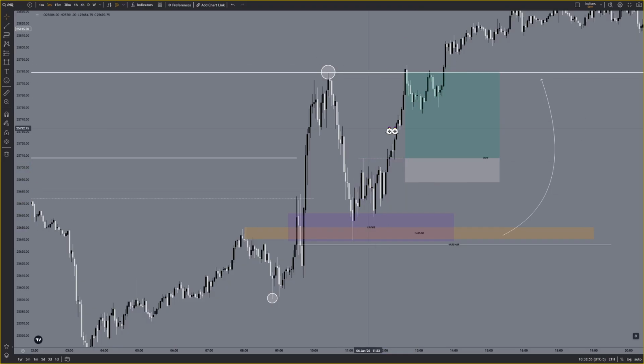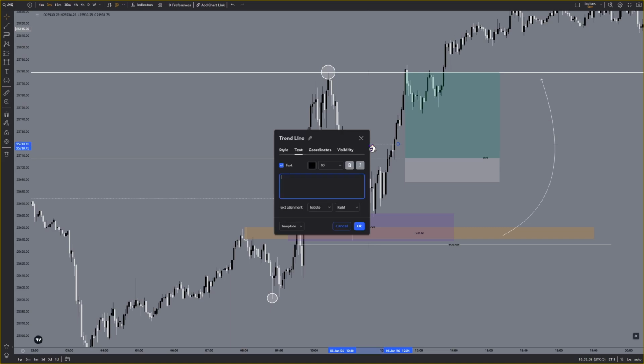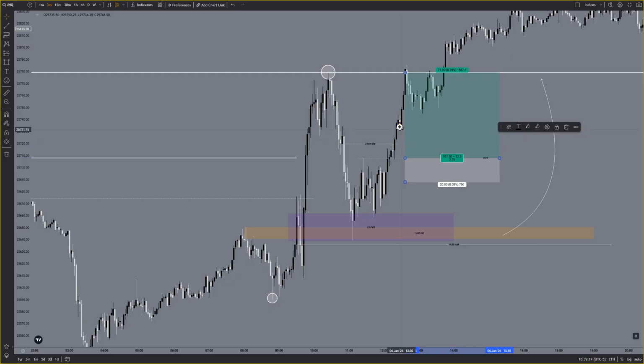You have a couple of other identifiers here, such as your bearish order block here that we have on 3 minute. There we go. So we have our bearish order block here that we identify on a 3 minute.